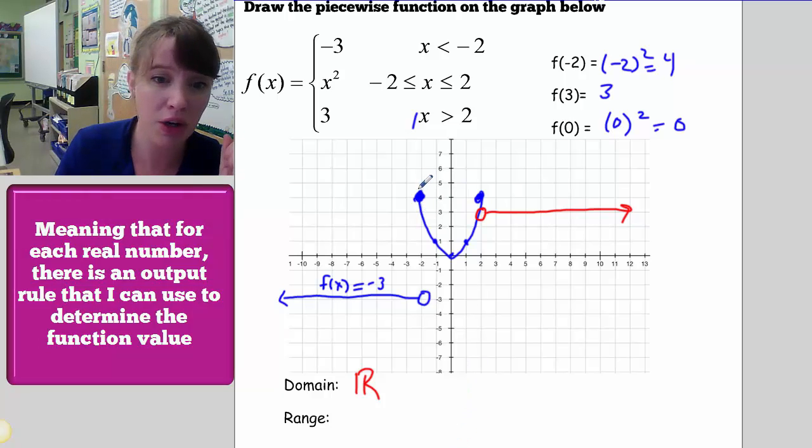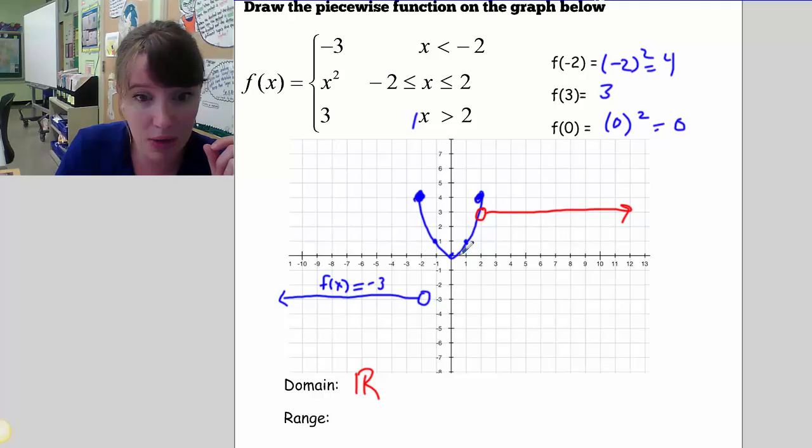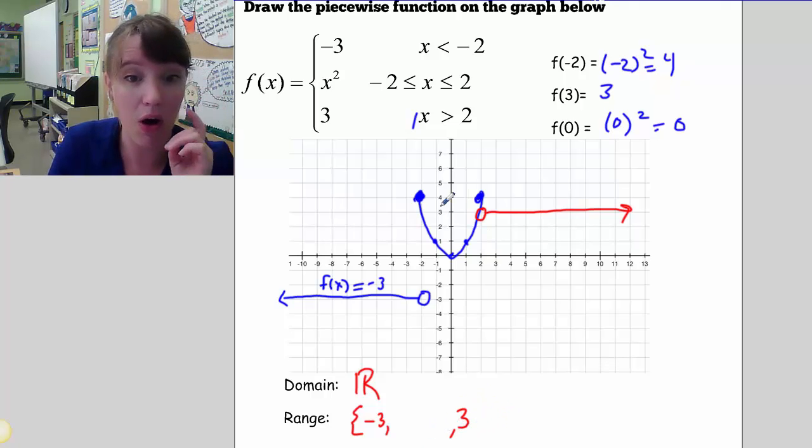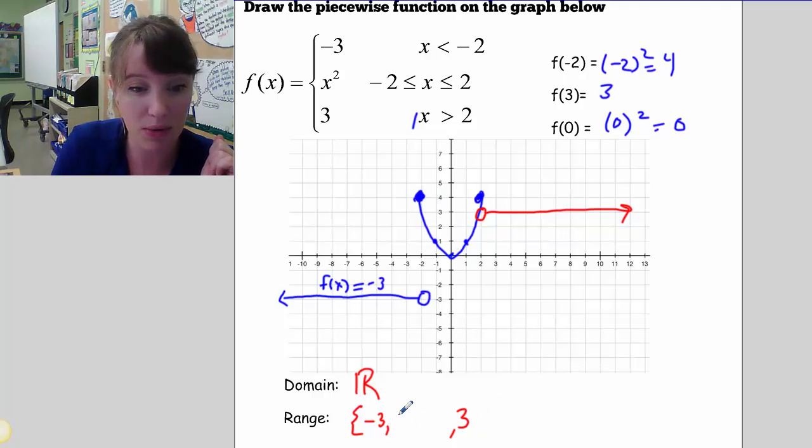Now the range here, if you think about it, includes the value of negative 3 because at certain points it's negative 3. It also includes the value of 3. Then it includes the value of all real numbers between 4 and 0. Let me just list it out instead of using set notation.